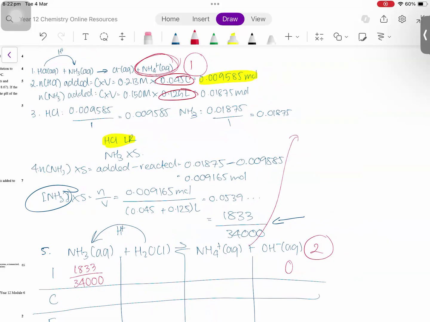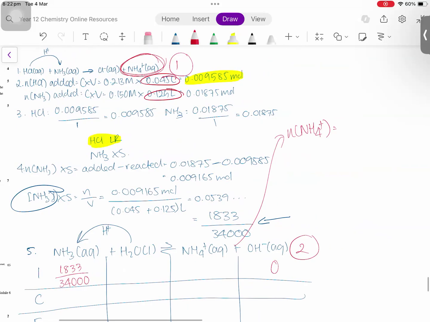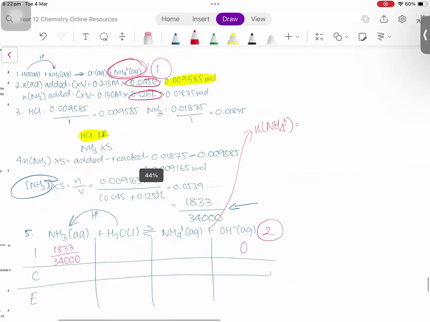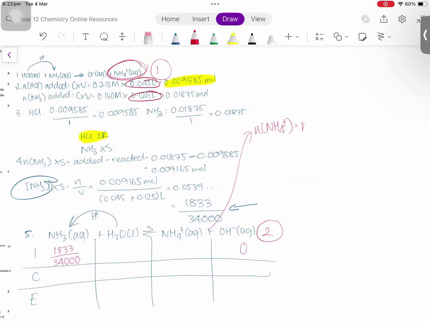So let's do a little bit of a segue here. The moles of product that gets made depends on the limiting reagent, how much got converted into the product. What did we say was the limiting reagent again in the first reaction? It was the HCl. And it's a 1-to-1 ratio, so moles of HCl.